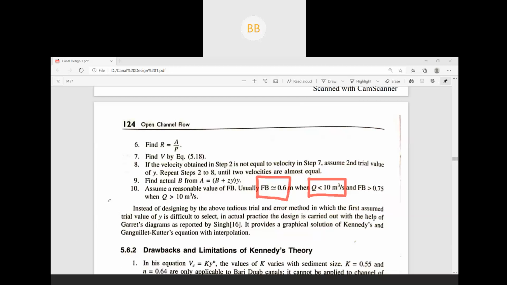If it is greater than 10 meter cube per second, then you have to provide 0.75 meter or more. If it is less than 10 meter cube per second, then we are going to provide 0.6.